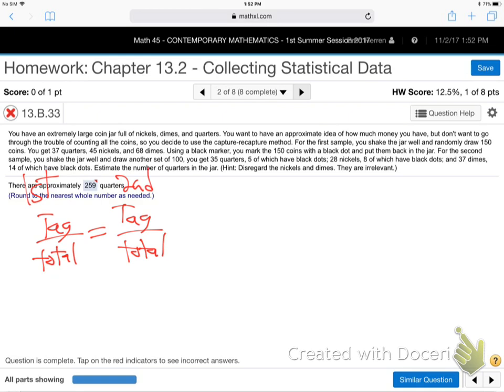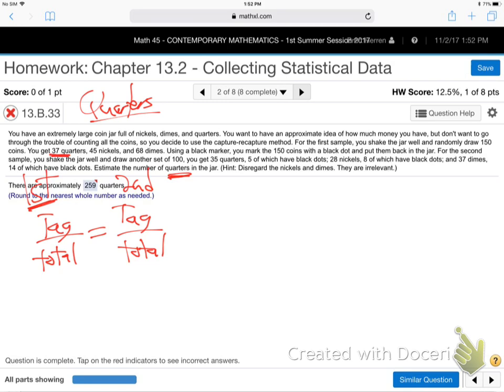And we're only caring about quarters because that's all they asked for. So it's just for quarters only. I'm not going to pay any attention to what they say about dimes or nickels. So basically, the first time we grabbed, in our first tagging, how many quarters did we tag?